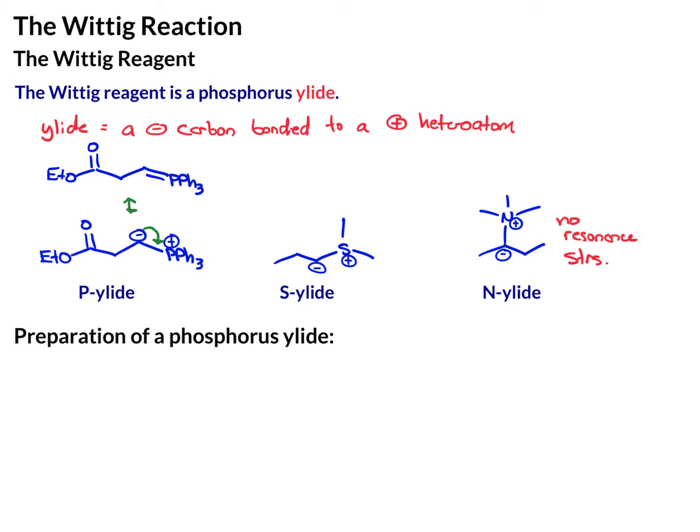Likewise, in the sulfur ylide, the sulfur does have a lone pair. Right now it has an octet, but it can expand its octet. So we can draw another resonance structure for this one. It looks like that.